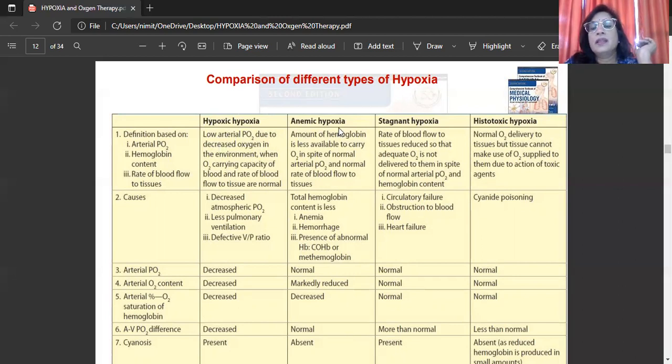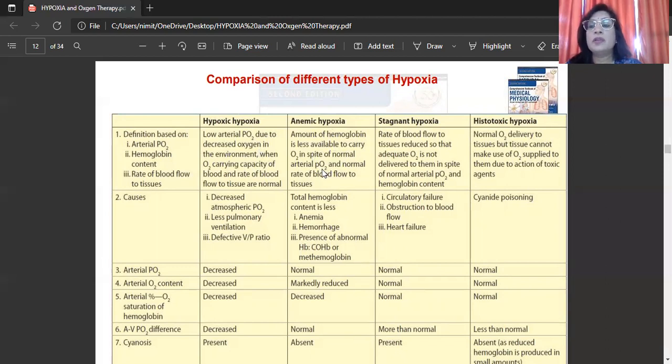Now, what is anemic hypoxia? The amount of hemoglobin available to carry oxygen is less, in spite of normal arterial PO2.